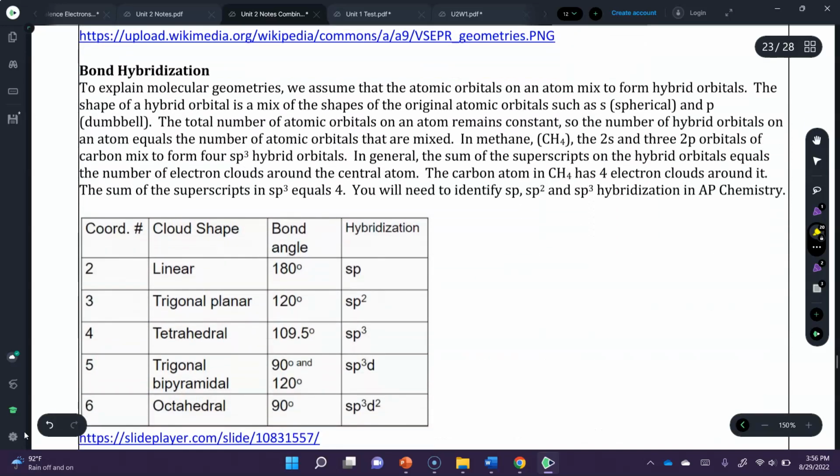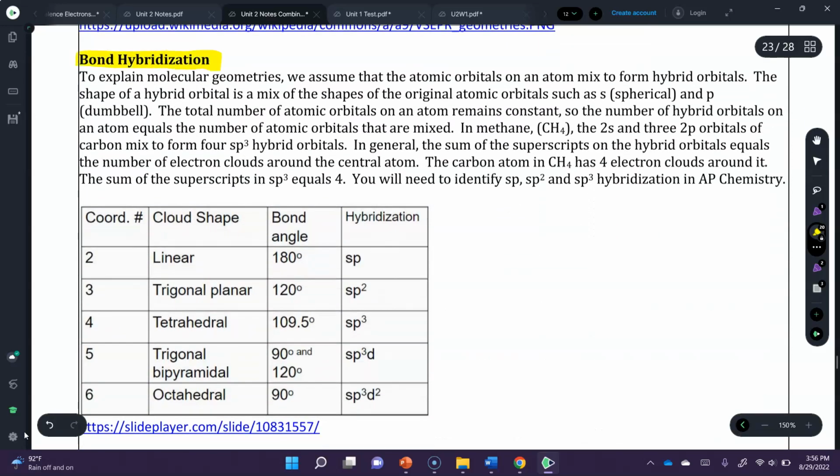Okay, continuing on, we have bond hybridization. So when atoms bond, their non-bonding orbitals, the orbitals that we did with electron configuration, hybridize with each other and create bonding orbitals that are like a blend of the atomic orbitals that we discussed with electron configuration.